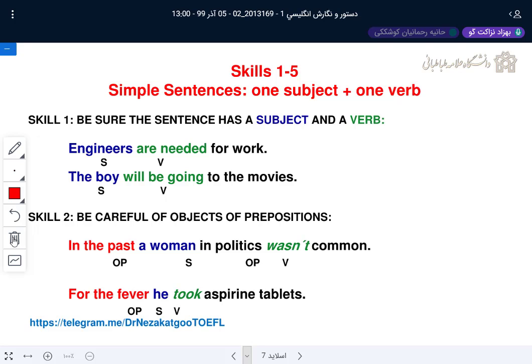Different fields of study use different styles of writing.